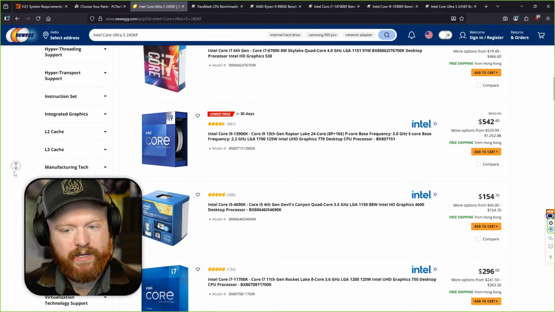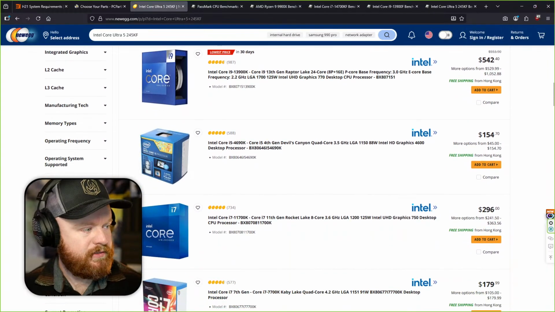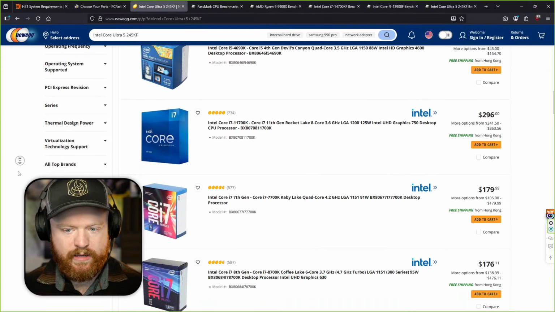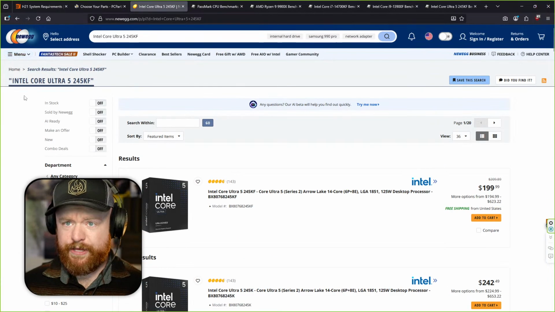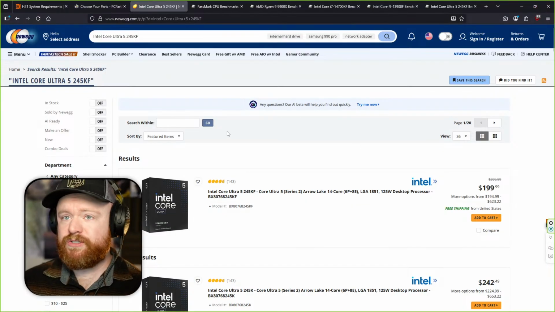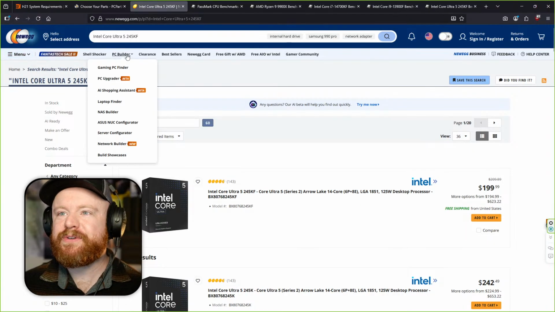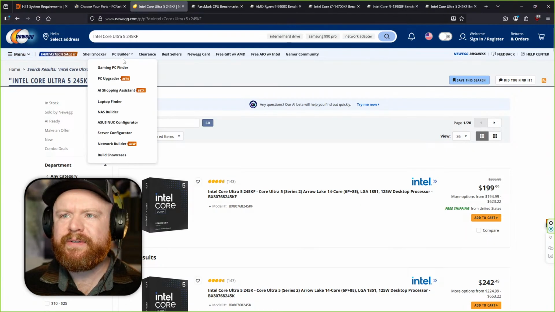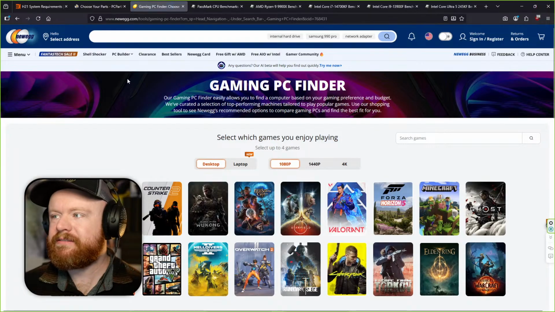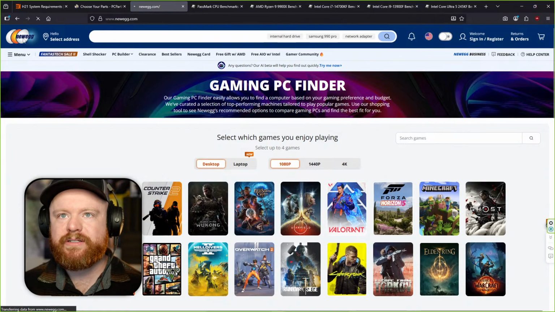Maybe there is, maybe there's not. So, okay. I don't think we actually have a filter here just to show us computers that have this. Maybe if we go to, I don't know, Gaming PC Finder, and then that's not what we want, actually.